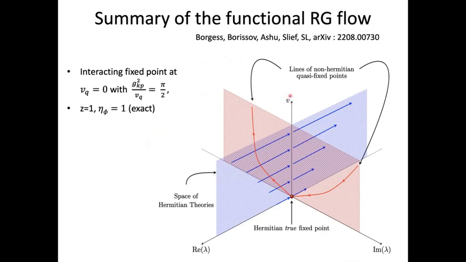So here I have nesting angle, and I have a four-fermion coupling because this is where the interesting action happens. For now, let's ignore the imaginary part of the lambda. So this blue plane is the space of Hermitian theory, where couplings are such that your Hamiltonian is Hermitian. So this is the space of physical theories, right?